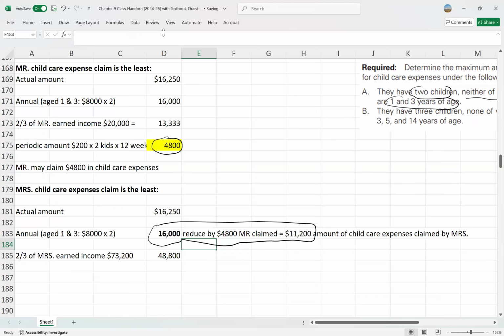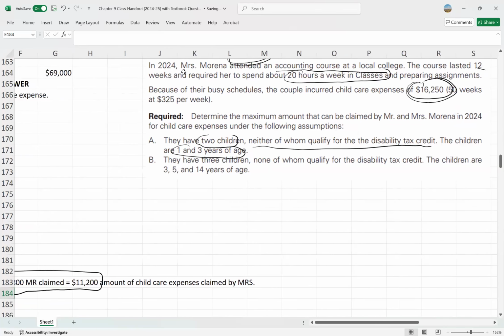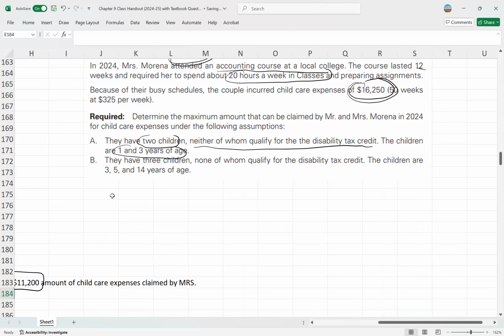Any questions about her claim? Now there's a part B to this question, and I'm not going to go through part B, but I'll give you the answers, and then you can just sort of do it on your own.